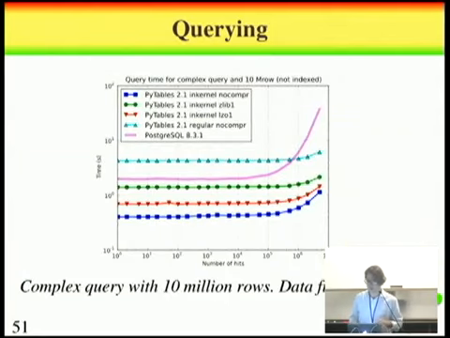Okay, so how much better is this? Ignore all the stuff about the compression levels. For right now, just be interested in this cyan line, this dark blue line, and the comparison with Postgres.